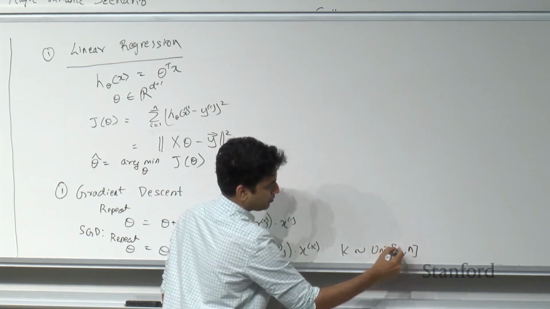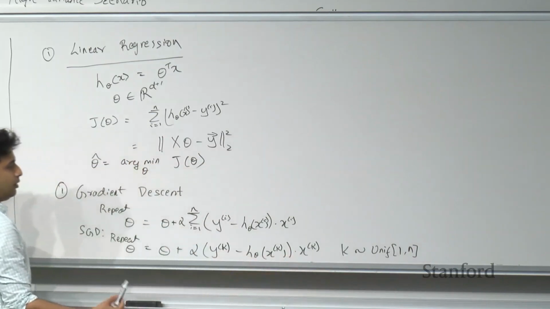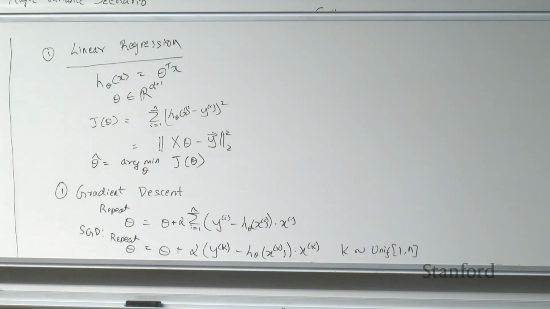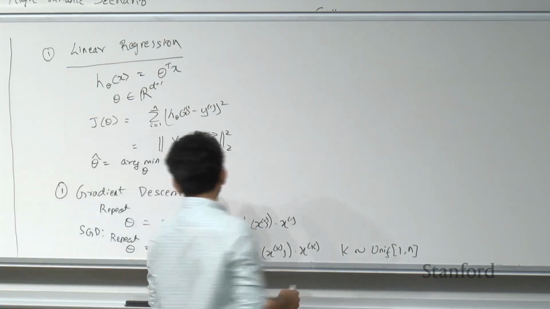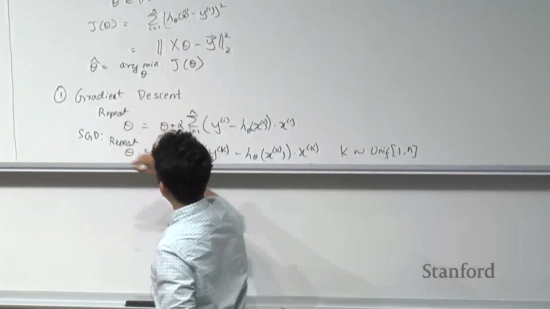So sample a random example number, use that example to run gradient descent for that iteration, right. So that was stochastic gradient descent. So this was one way in which we solved linear regression using gradient descent.